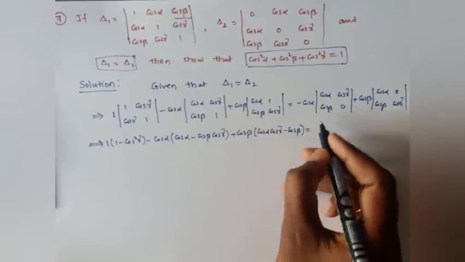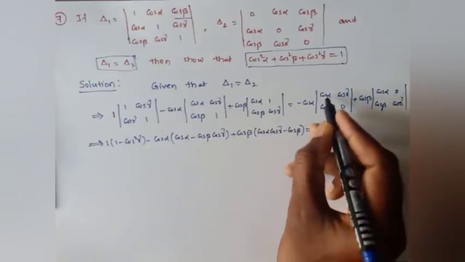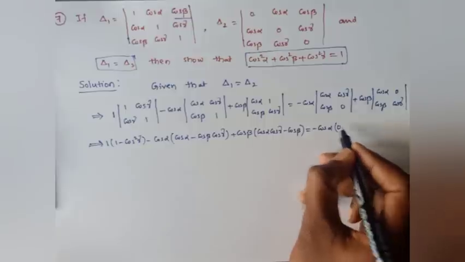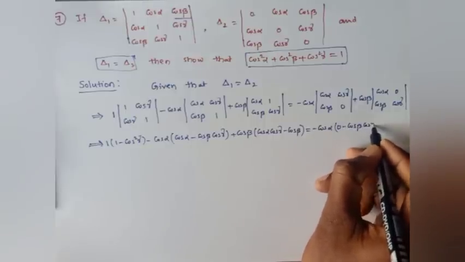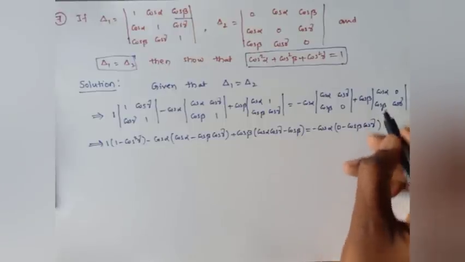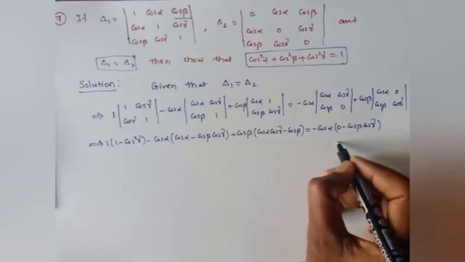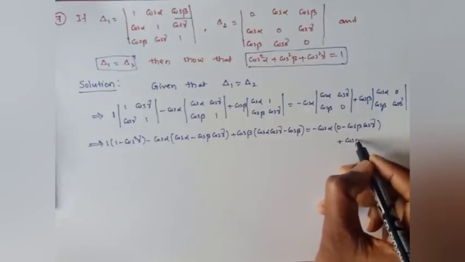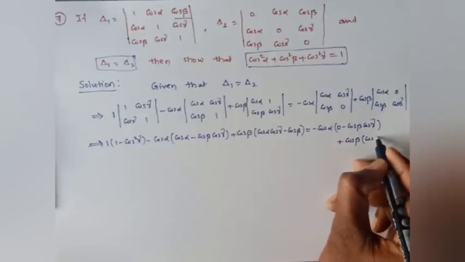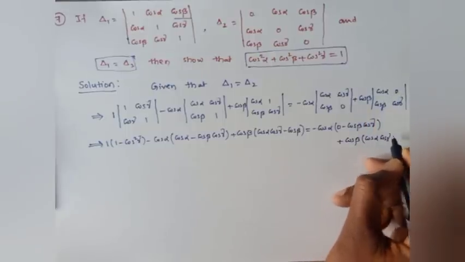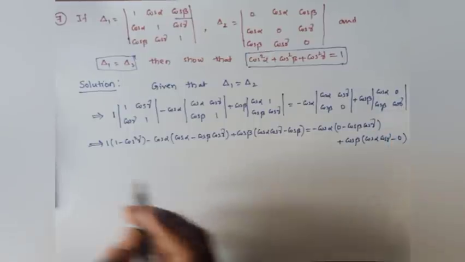Now on the right hand side, which is equal to minus cos alpha into 0 minus cos beta into cos gamma. Next plus cos beta into cos alpha into cos gamma is cos alpha cos gamma, minus cos beta into 0 is 0.